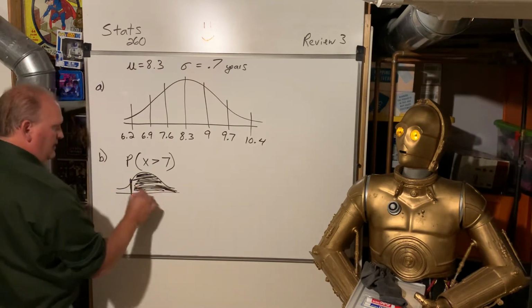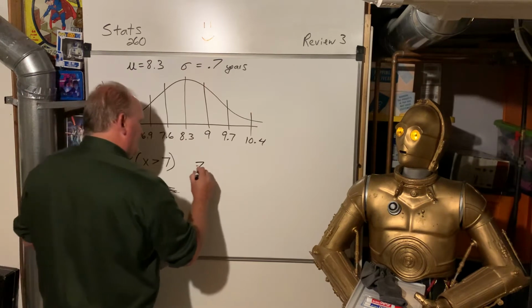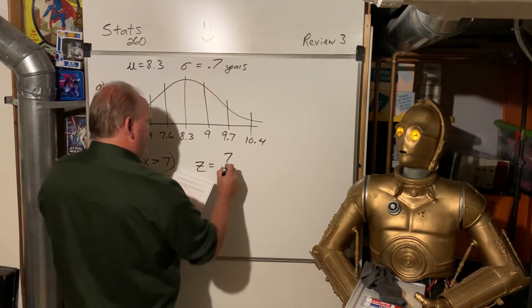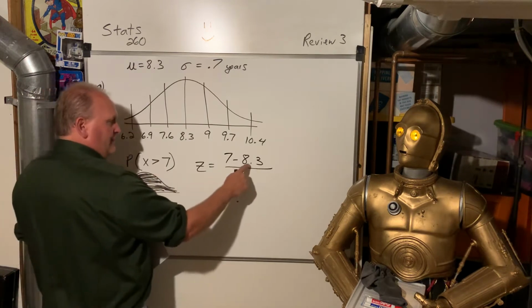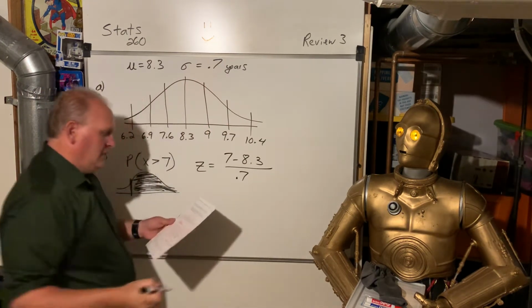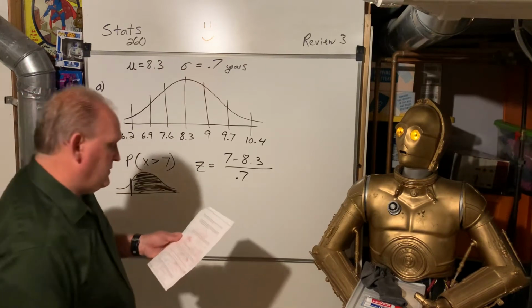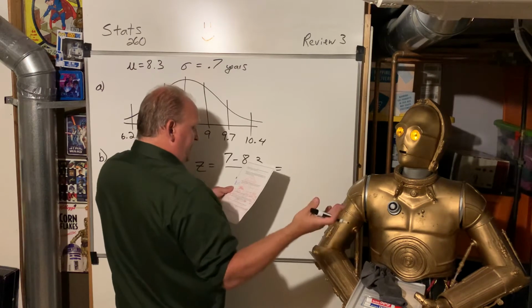All right. So now we find the z-score. That is 7 minus 8.3, so what they gave us, minus the mean, divided by the standard deviation. This is based on the population. There isn't a sample size or anything.